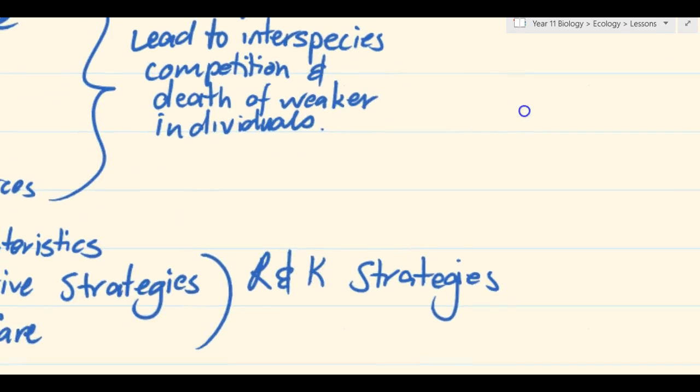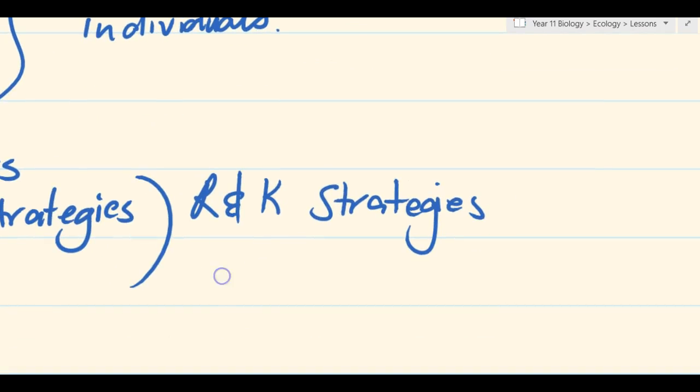And you will see in your reading something called r and K strategies. This relates to populations that put a lot of energy into reproducing but not caring for the young, or not. So the r strategy species are ones that put all their energy into making lots and lots of individuals, like cane toads and rabbits. They'll put a huge amount of energy into reproducing, and therefore they tend to populate very quickly when they come into an area.